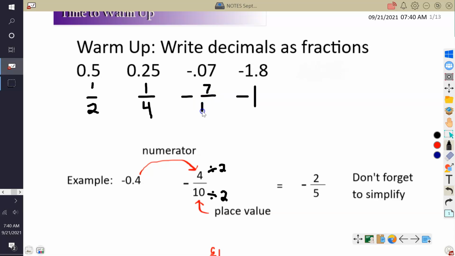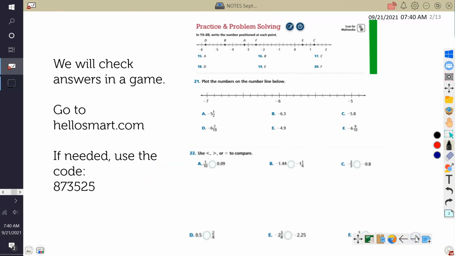The place value is 100, so that's our decimal. And then here we have -1 and the fraction part. So that is 8/10, which is 4/5. So 8/10 becomes 4/5. It's not very good writing, but anyway, that's what it is.